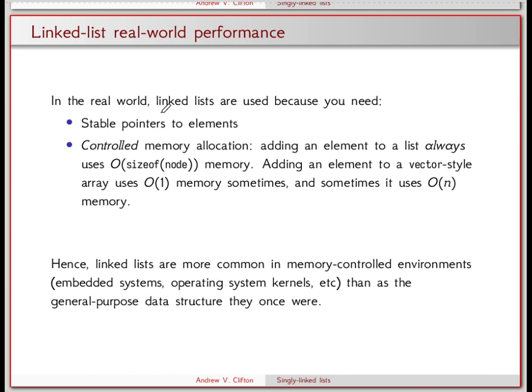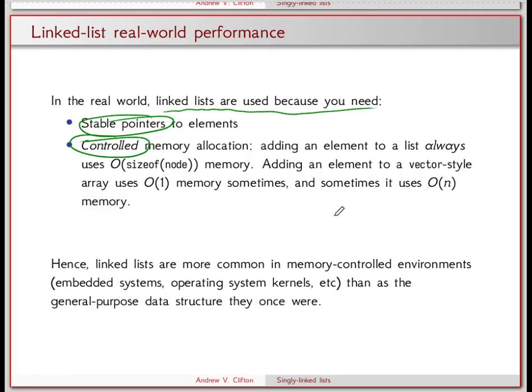So in the real world, linked lists are used not so much because you need fast inserts and erases, it's because you need stable pointers, right? You want to be able to bookmark a thing in the list and have that bookmark always work, or because you need controlled memory allocation. When we insert a new element into a list, we create one node's worth of memory.